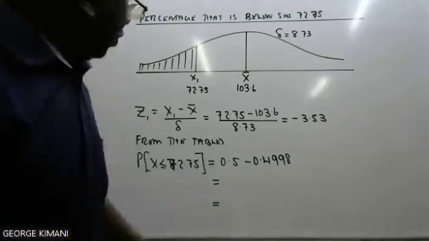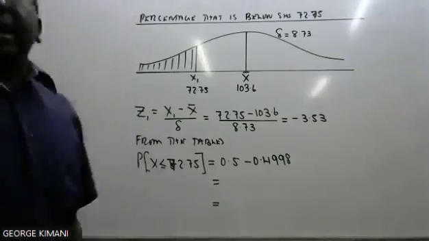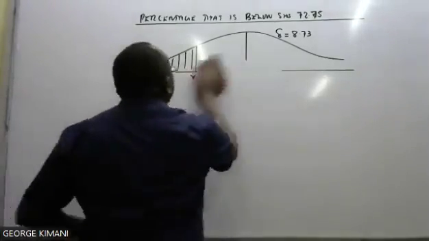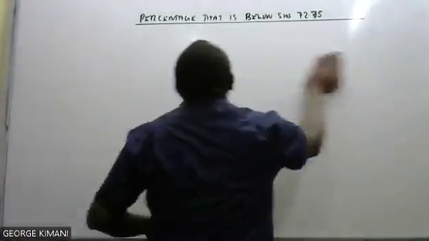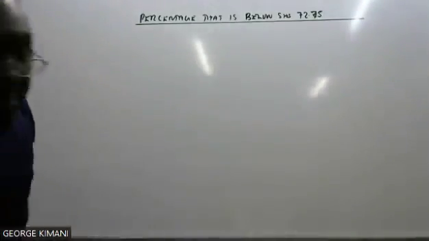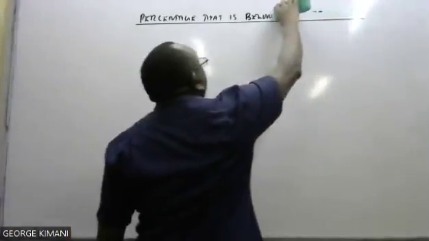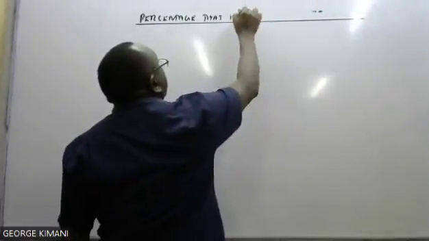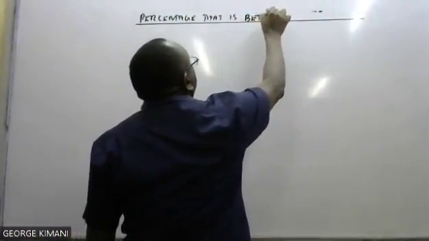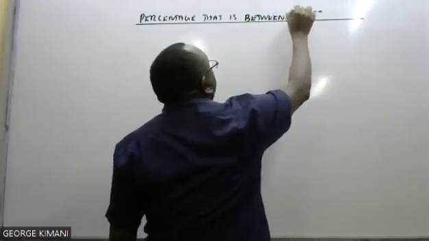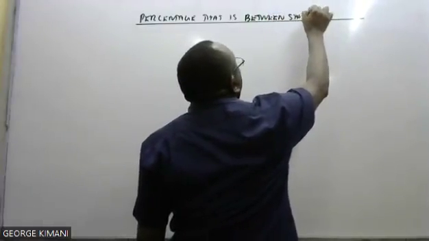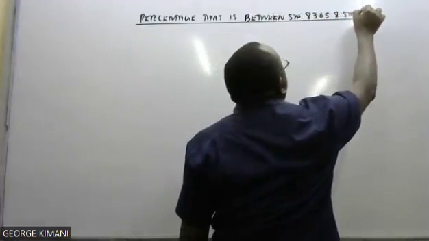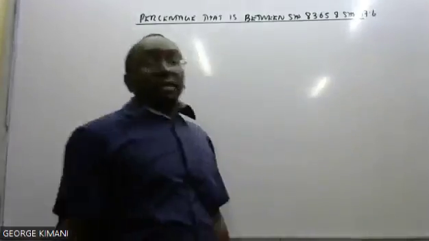Aya, sasa sio tumemaliza. Aya, the next one wanasema nini? That is between shillings 83.65 and 117.6.